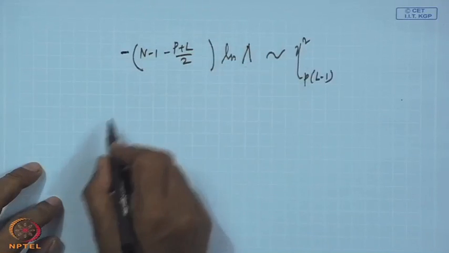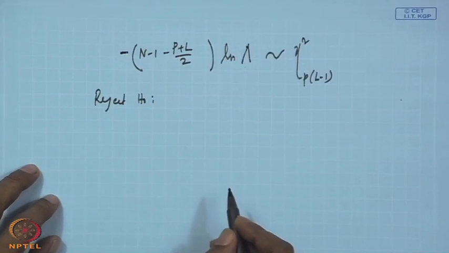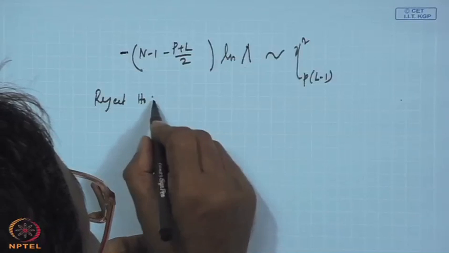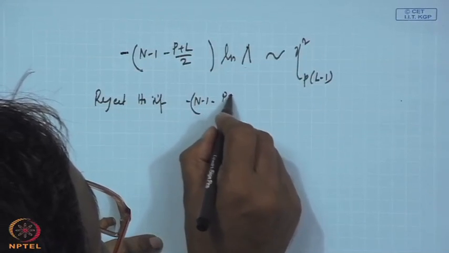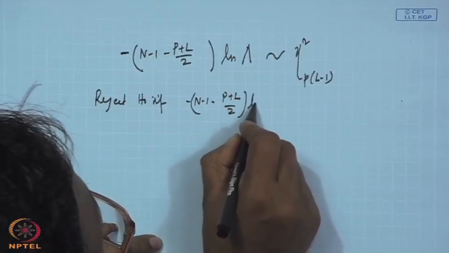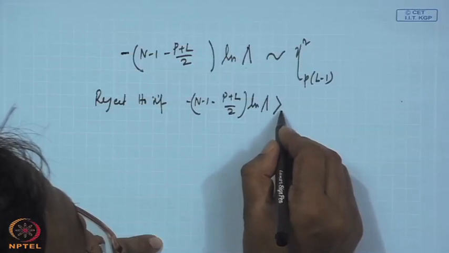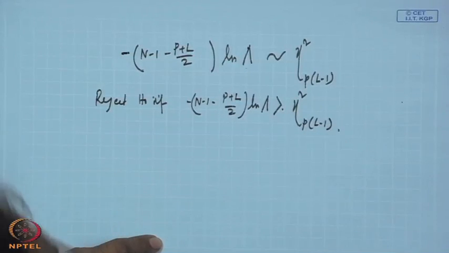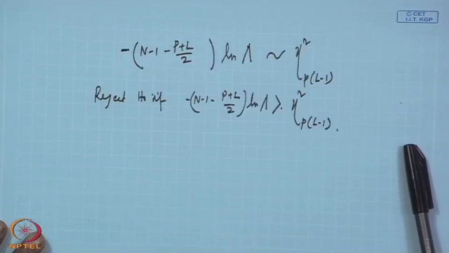So, our decision is to reject H0, that is, no difference among the population mean vectors, if minus n minus 1 minus (p plus L) by 2 log lambda is greater than chi-square p (L minus 1). You will reject the null hypothesis under this condition.